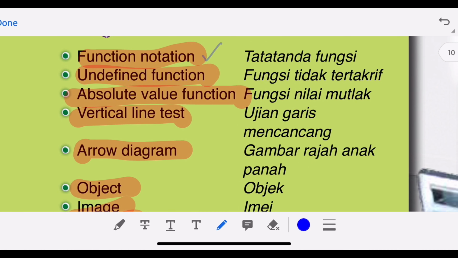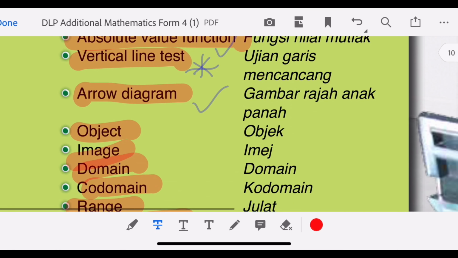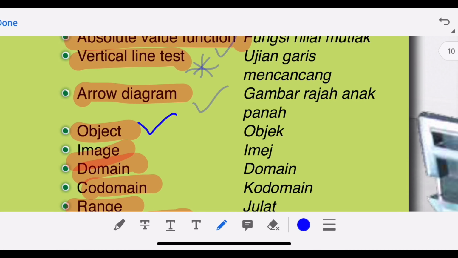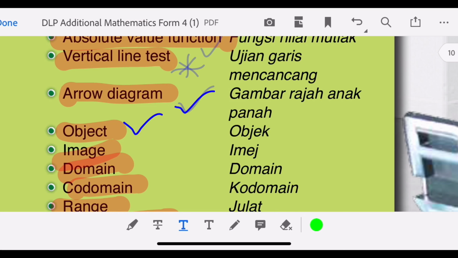For your information, for the KSSM you need to learn a few extra topics: absolute value function, which is a modulus, the vertical line test, and the horizontal line test. These are the three subtopics that you must master for function.